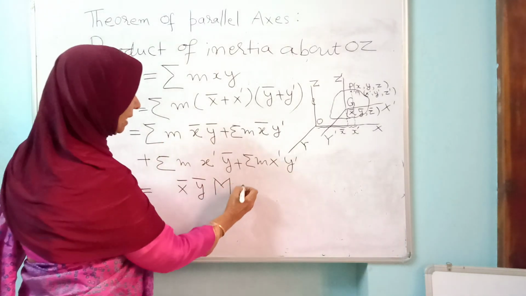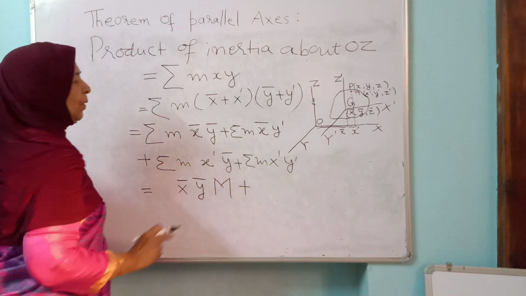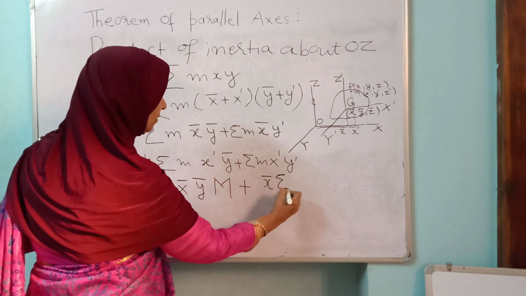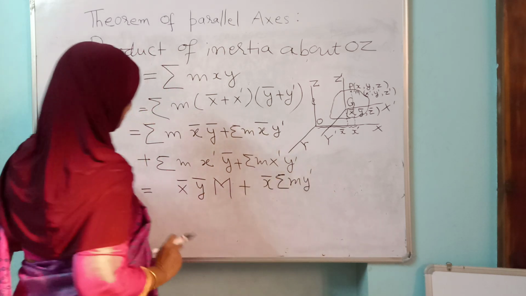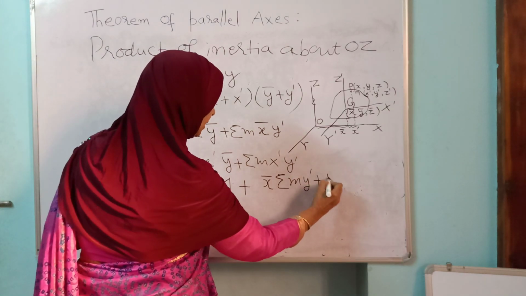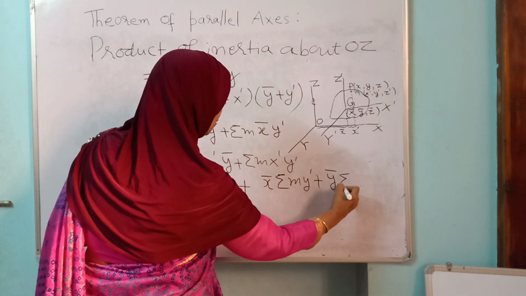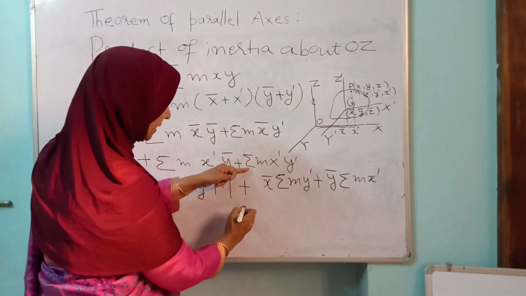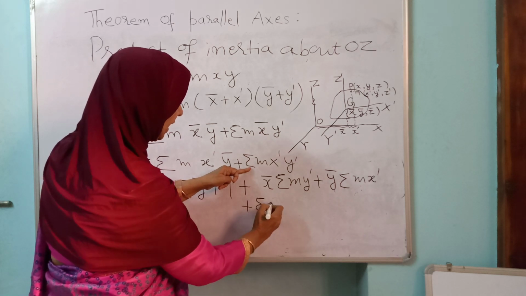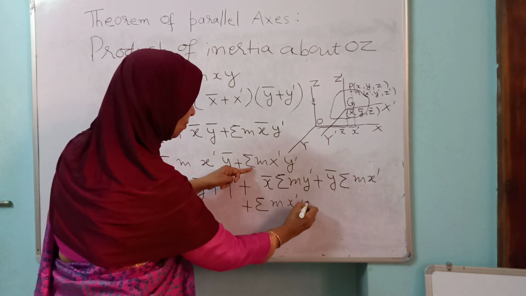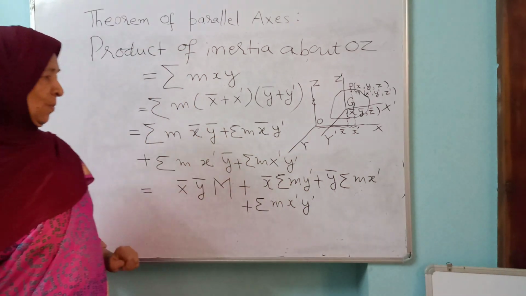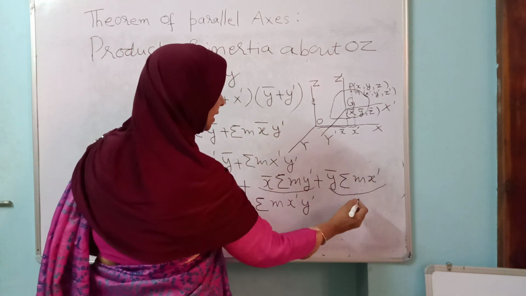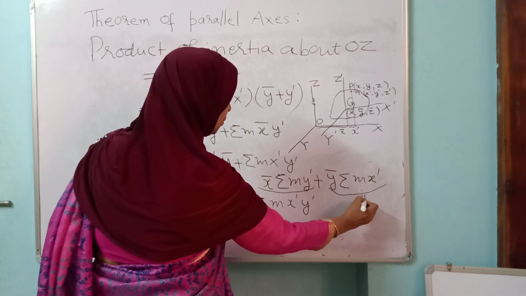Similarly, here you will get x bar outside, but you will get summation m y dash; here y bar outside and summation m x dash; and here summation m x dash y dash. Now this term and this term will be 0.